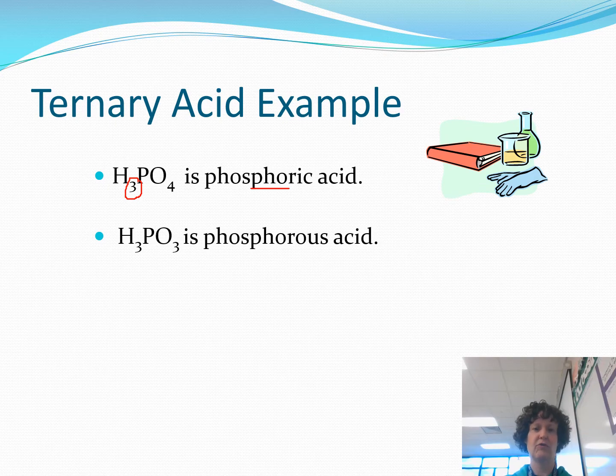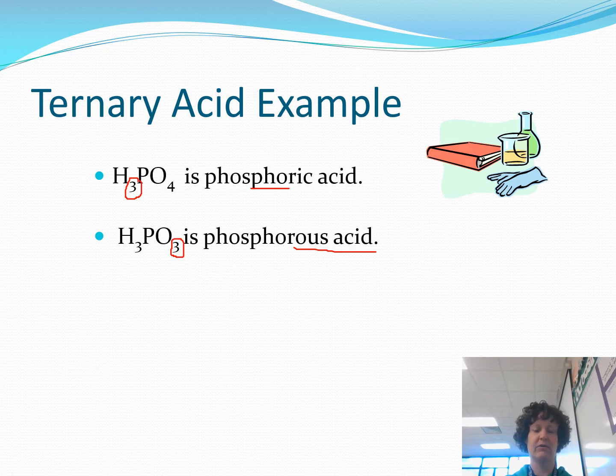So phosphorous acid has one less oxygen than phosphate. PO3 has one less than PO4. And again, you don't have this, but phosphite has a charge of 3- as well. And so you would need 3 hydrogens to go with that.